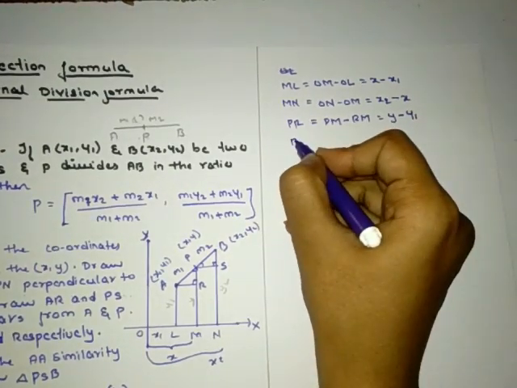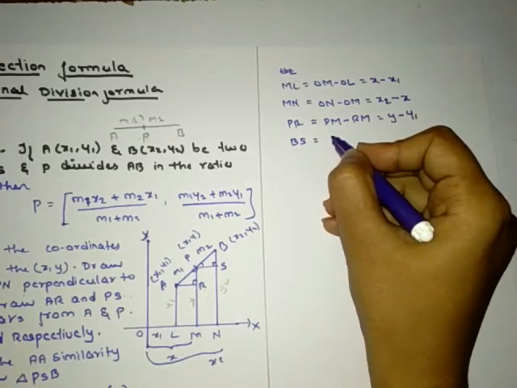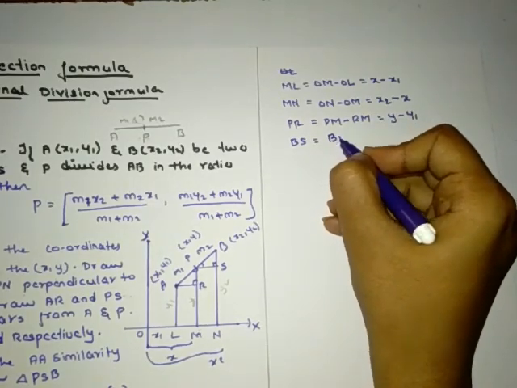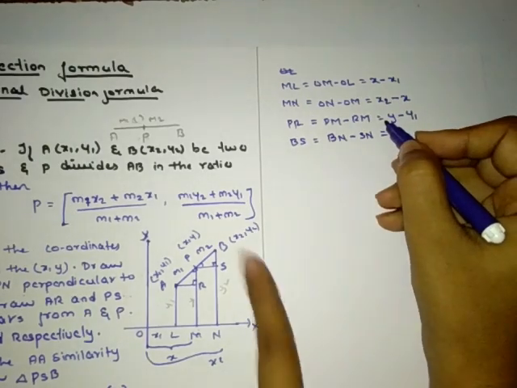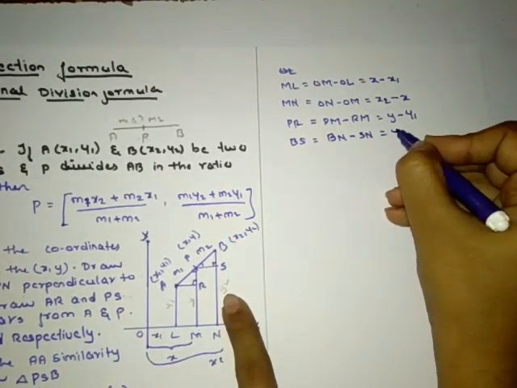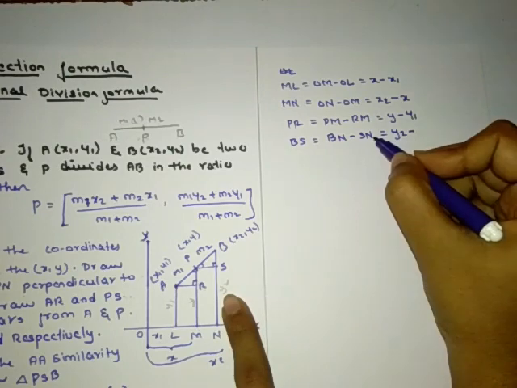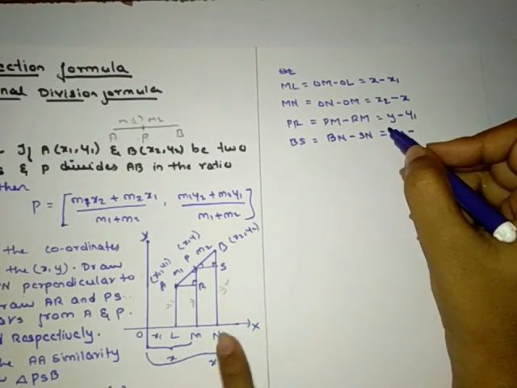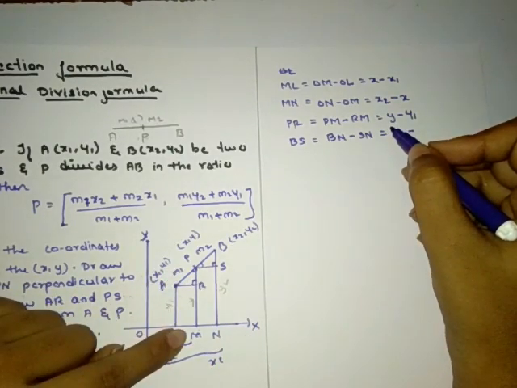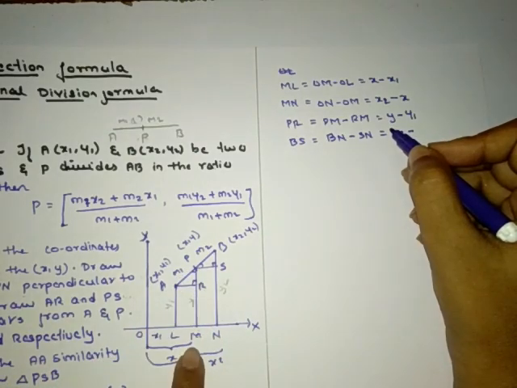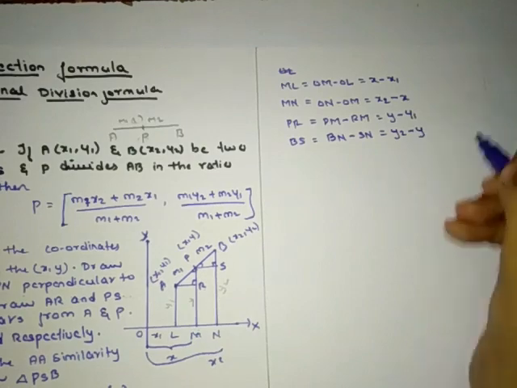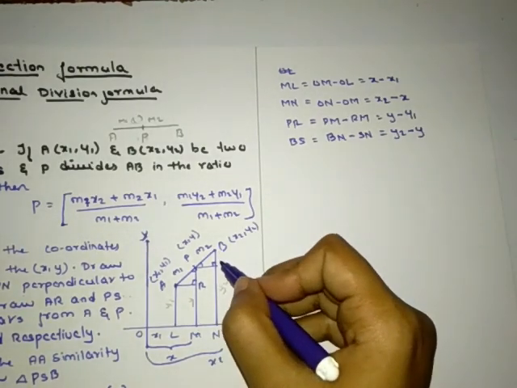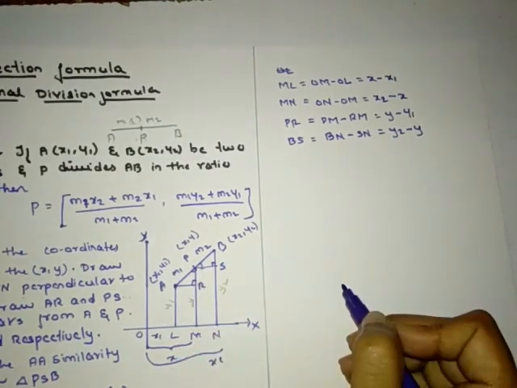Next, BS is equal to BN minus SN, which is BN, that is y2, minus SN. SN is again the length of PM, which is y. Here we got all these unknown sides, 4 sides.